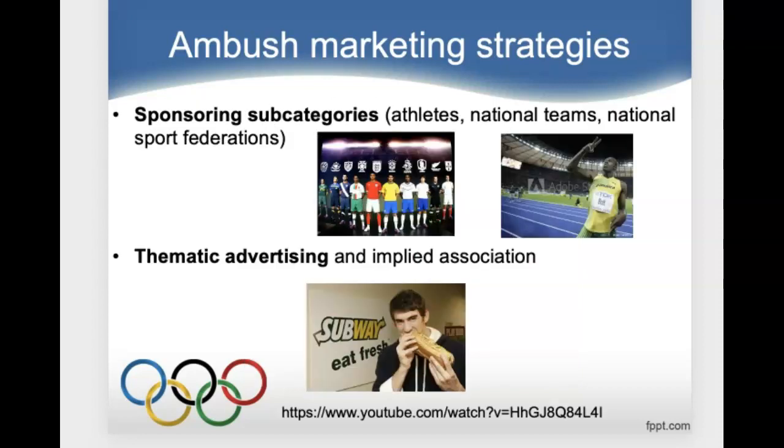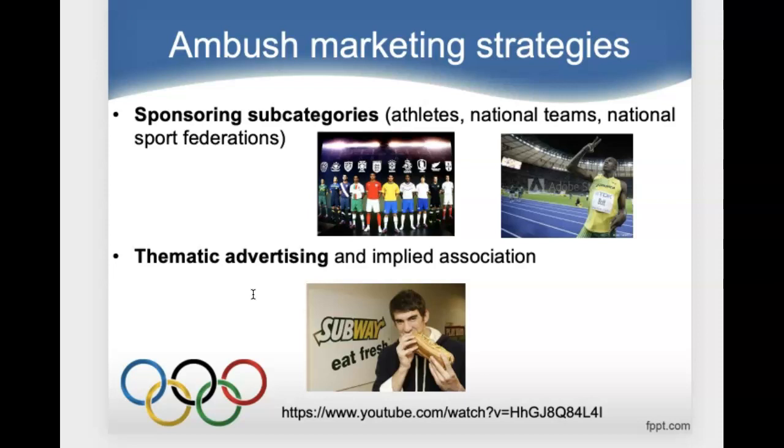Another ambush marketing strategy is to sponsor sub-categories. Instead of sponsoring the entire event, they decide to sponsor particular athletes, national teams, or national federations. One example we talked about previously was the FIFA World Cup, which has been sponsored by Adidas.